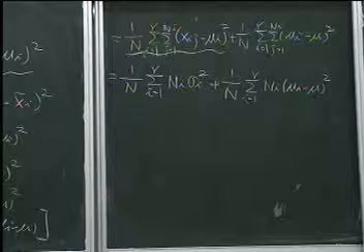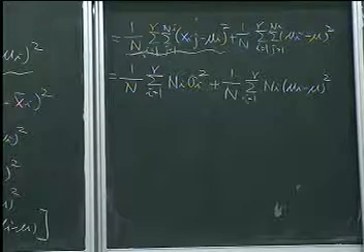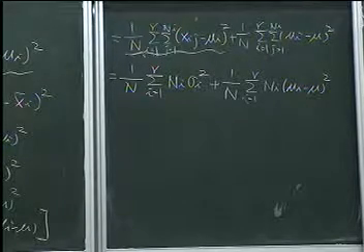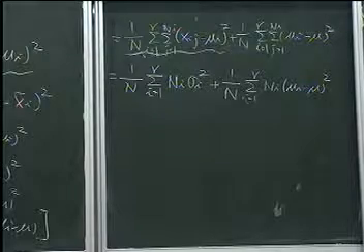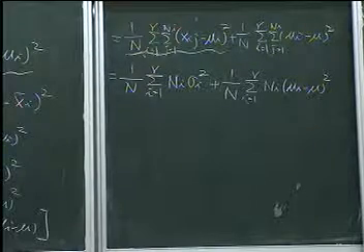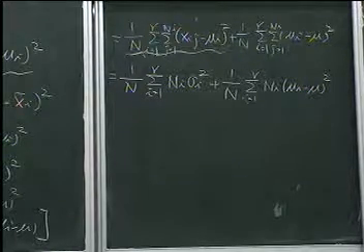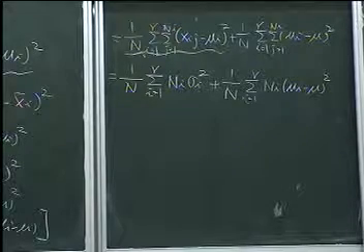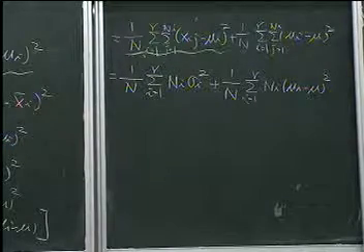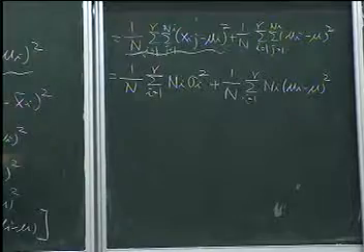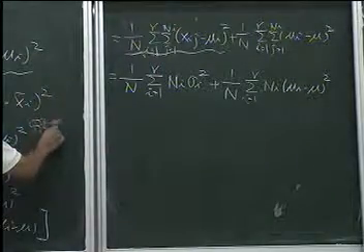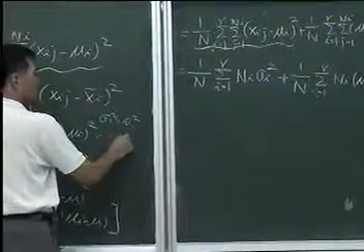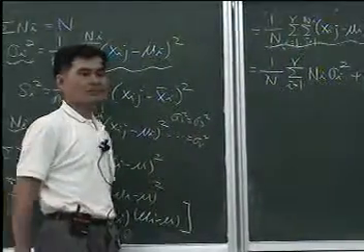As you may remember, when we discuss ANOVA, we have three assumptions. One is that the population must be normally distributed, and the second is that the variance should be the same, so sigma 1 squared equals sigma 2 squared equals sigma r squared.